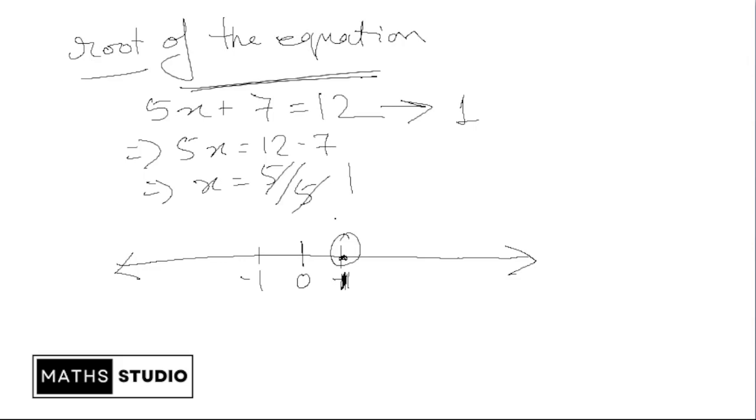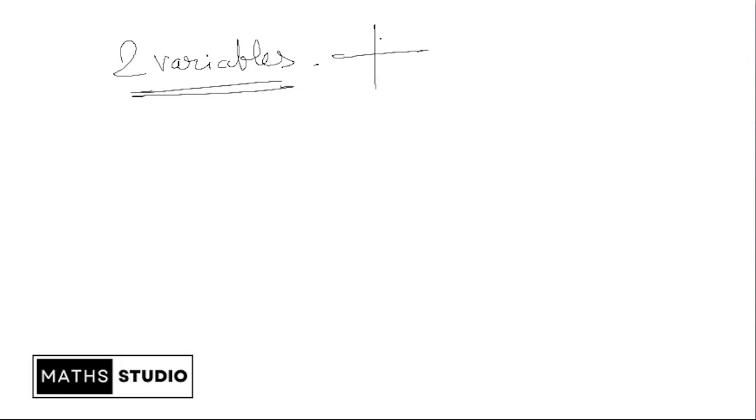This is how we represent it on a number line for a single variable, okay. Now when there are two variables, how do we represent it? That we are going to study a little later by the Cartesian planar system, okay. So we'll be going to that in a while.